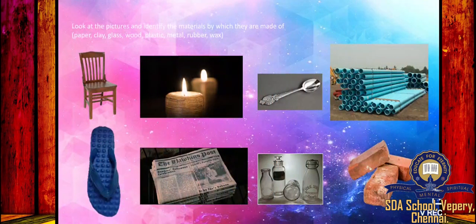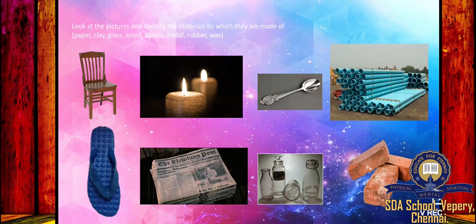Look at the pictures and identify the materials by which they are made of. There we have some clues like paper, clay, glass, wood, plastic, metal, rubber and wax. So the first picture is what? A chair. This chair is a material which is made up of what?